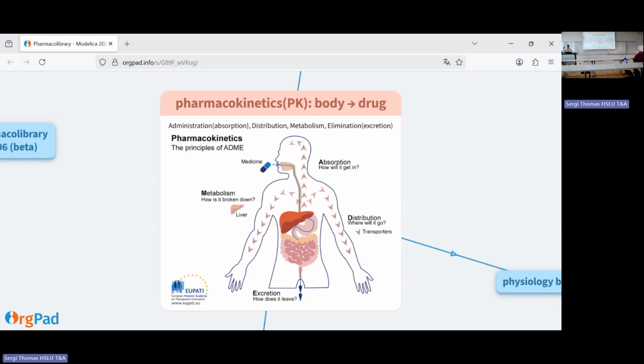And then there is some distribution, usually using the cardiovascular system, but also the other systems, and metabolism, mainly in the liver. Some drugs are metabolized also in, for example, lungs, and excretion. The majority of drugs are excreted in urine or in feces.